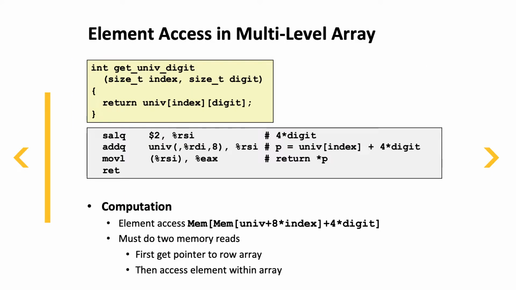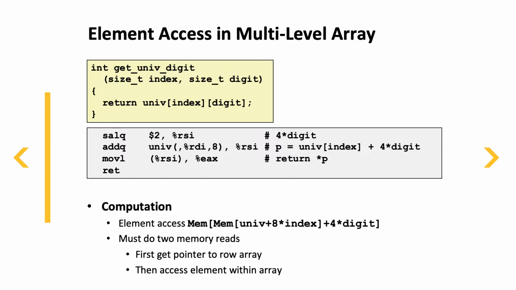So to access an element in one of those zipdig arrays that are encompassed in the univ array, we can just return the index for the row, and we're going to call the digit to be the specific digit within the array that's inside. Okay, and so we'll do a shift left to multiply by 2 squared. Remember, we can multiply by powers of 2 by shifting.